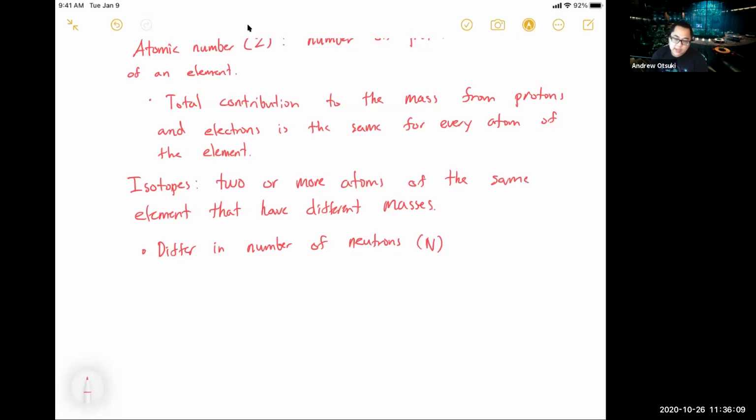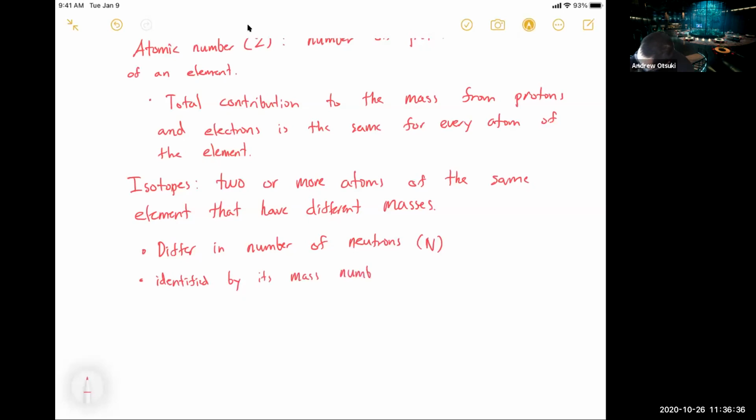Deuterium is commonly encountered. You may have heard of deuterated compounds. That's important in the chemical industry. We won't talk much about deuterium other than that. But what we can say is that isotopes are identified by their mass number.